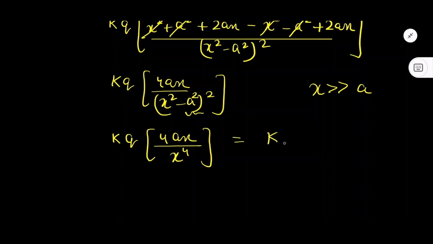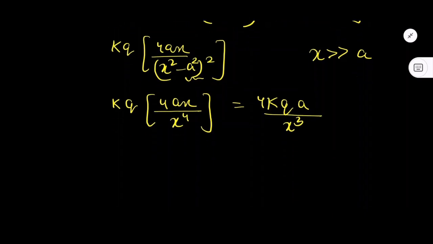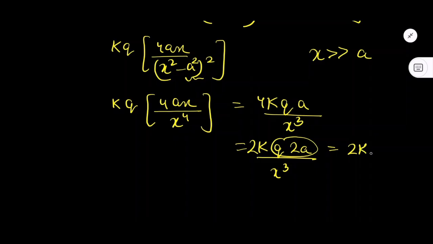Now we can write 4kQa upon x cube. Okay, now if I rearrange it, kQ into 2a, into 2 upon x cube. So this will be my dipole moment again, so it will be 2kp upon x cube.